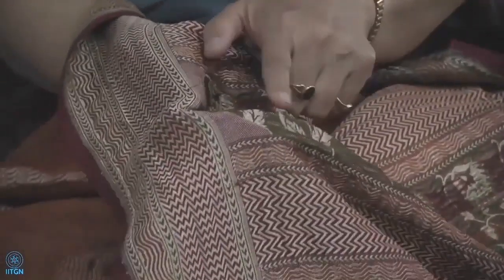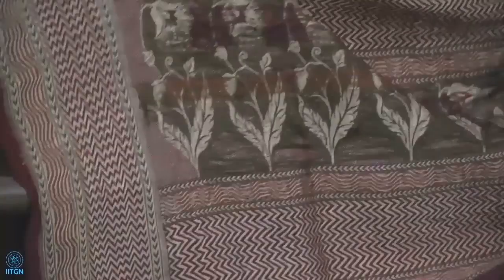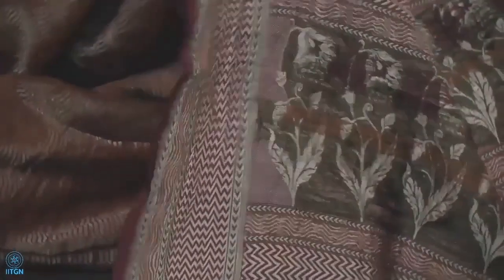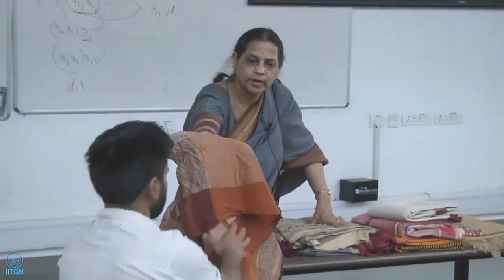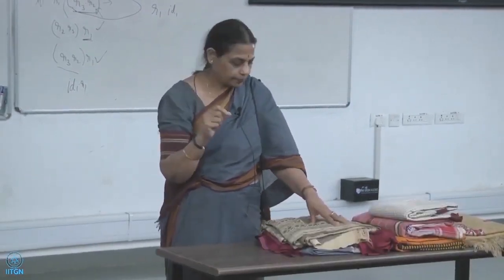You see how threads are moving. The green here is moving. Look at the threads that are there at the back. So when you see a textile, you have to see the front and the back. That will tell you how it is woven, the technique.